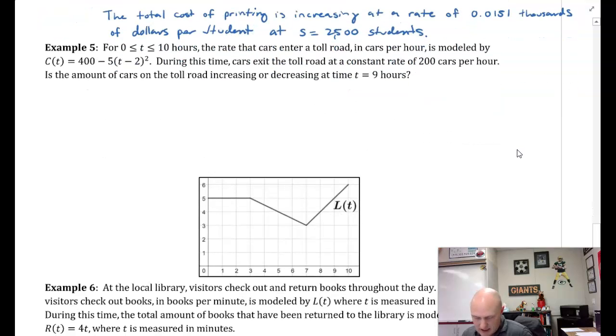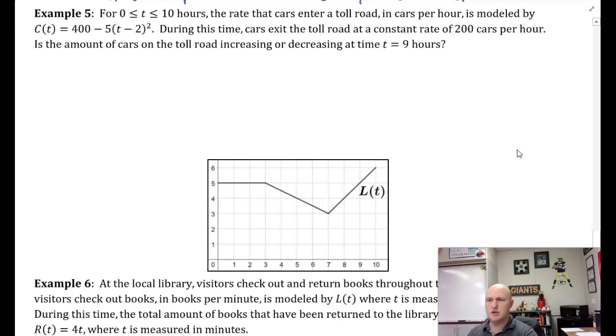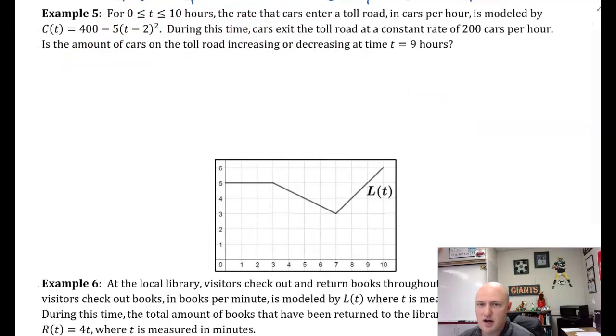Okay, next, example number 5, and this question is eerily similar to a question on the AP exam this last year, 2022, asking about cars at a toll plaza, or here it's a toll road. Okay, so example number 5. For 0 is less than t, which is less than or equal to 10 hours, the rate cars enter a toll road in cars per hour is modeled by C of t.